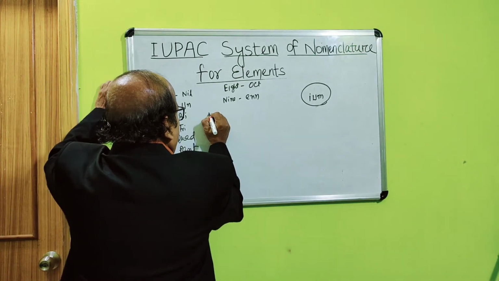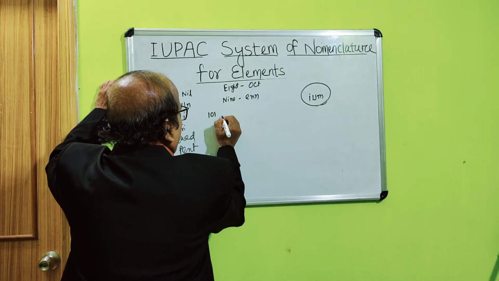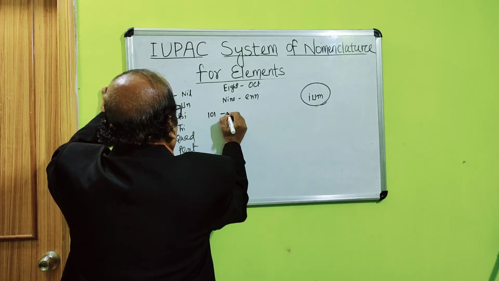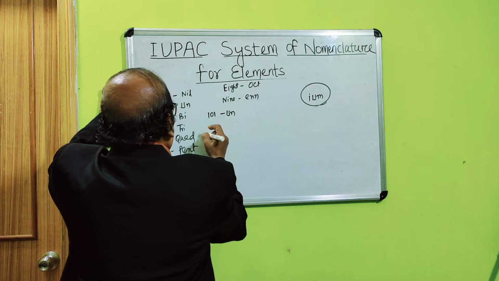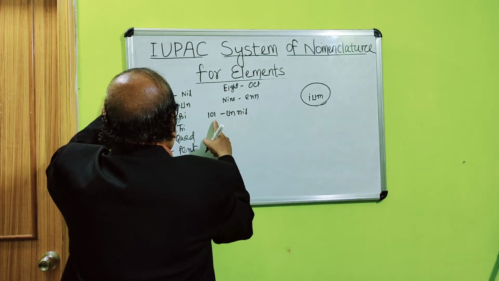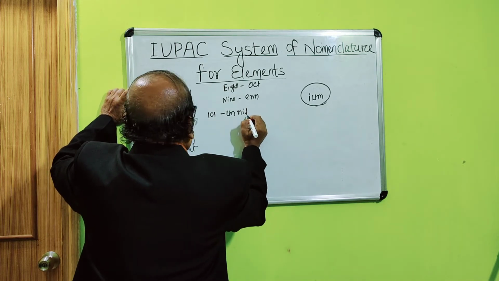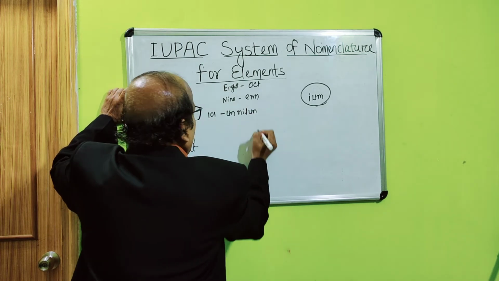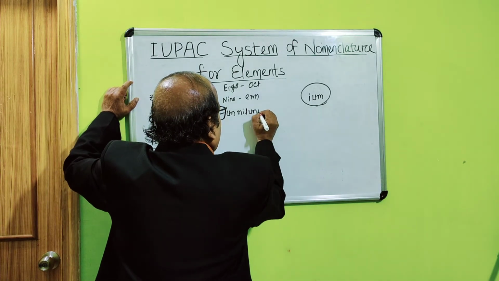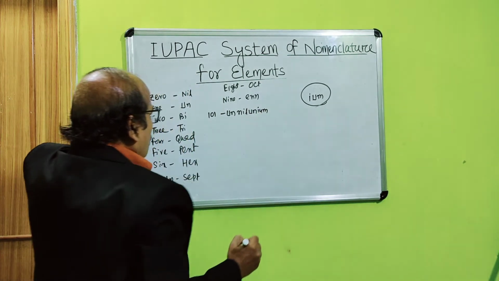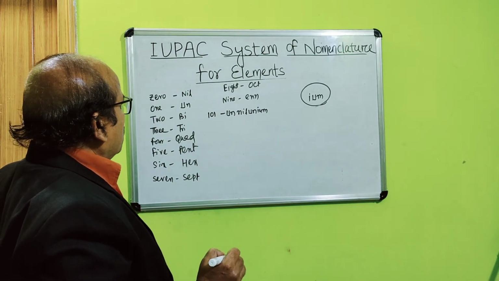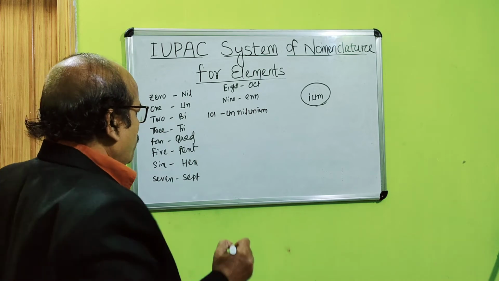Now for 101, for 1 we shall write un, for 0 we shall write nil, for 1 we shall write un, and it has to end with ium. So the name of the element is unnilunium according to the IUPAC system.